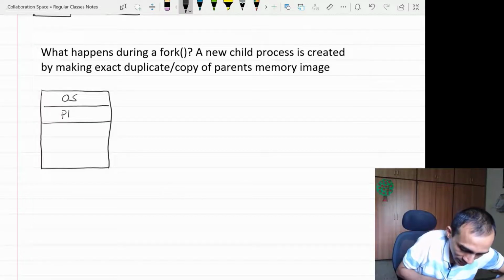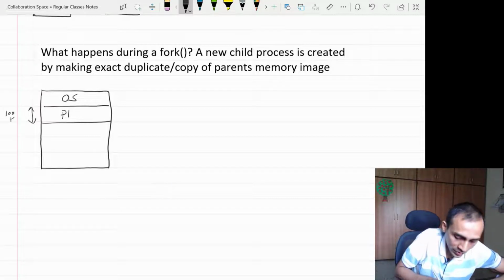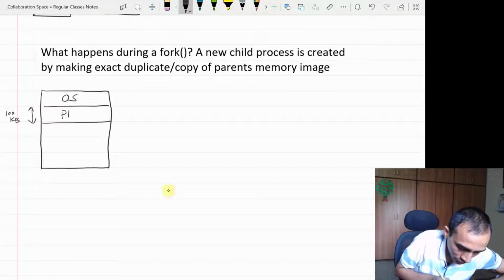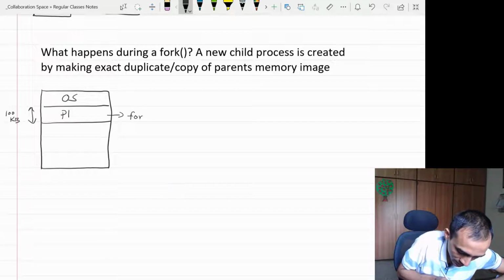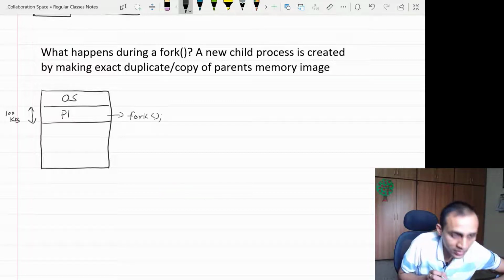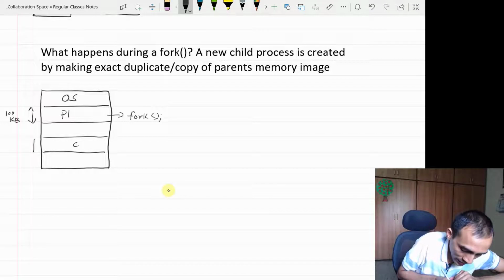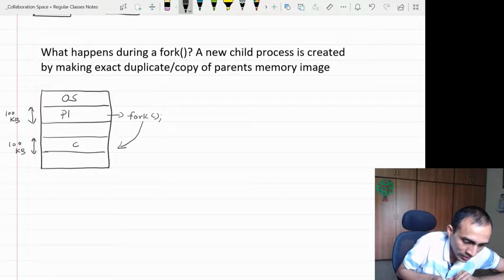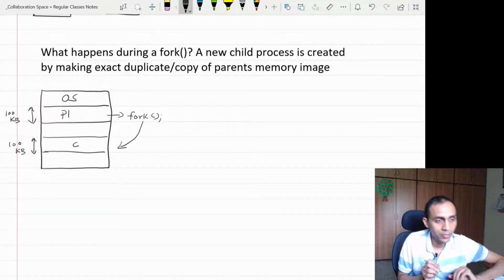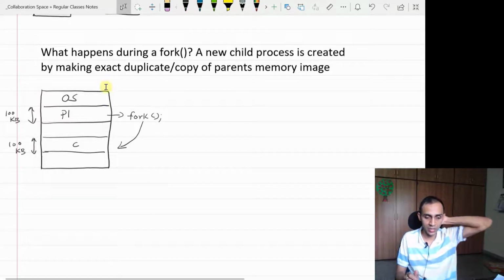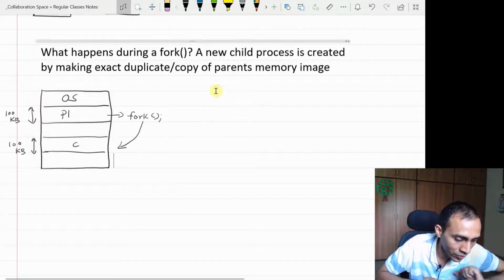This process invokes a fork system call. This system call is going to create another process, the child process, let us say C, which will also be allocated some memory in the RAM. Generally this memory will be an exact duplicate copy of the parent process. So it will also get an exact 100 kilobyte memory of the parent process which invoked this fork system call.